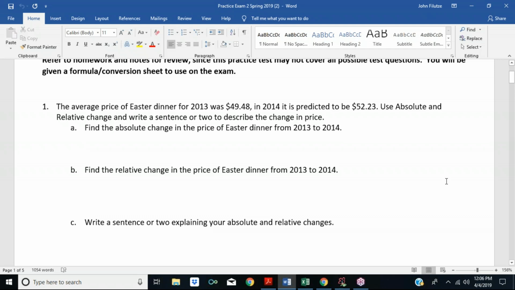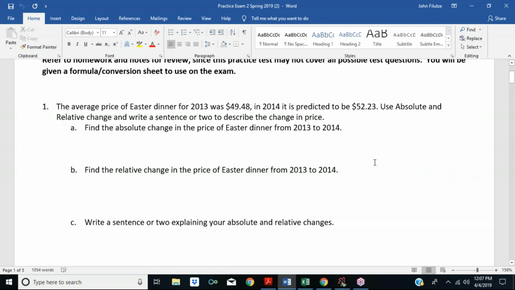And you won't be able to have any other papers with you except blank scratch paper. So blank scratch paper and the formula sheet will be the only things you can have if you're going to do it on ProctorU. All right, so if you get to your testing center and they don't offer you the formula sheet, make sure you ask for it. They should automatically give it to you, but ask just in case.